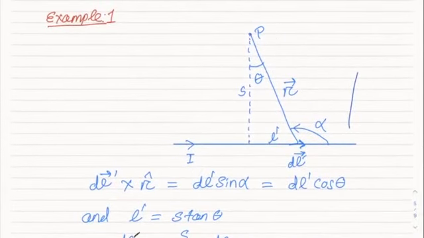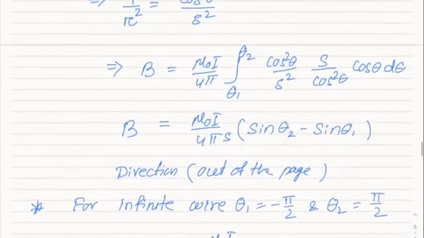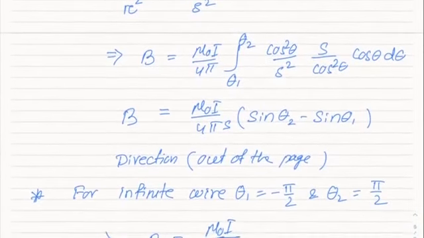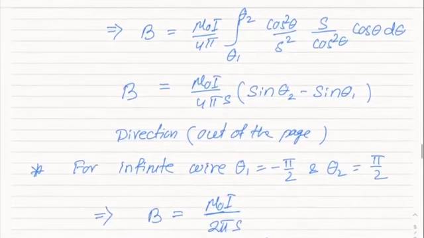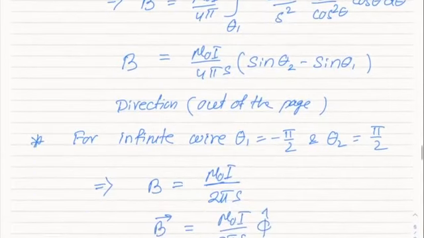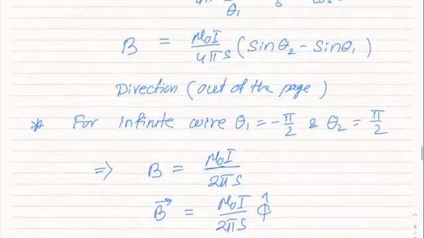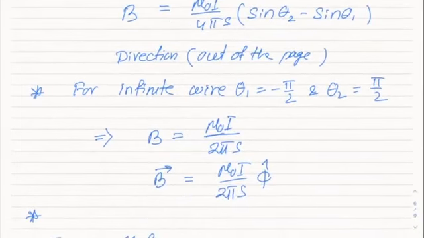In this limit, theta 1 will go to minus pi by 2, theta 2 will go to pi by 2, and you can put back those limits. For the case of infinity, you will find a very simple expression for the magnitude of B as mu 0 I by 2 pi s. Very simple. And the direction, as I told you, is along the phi cap direction.